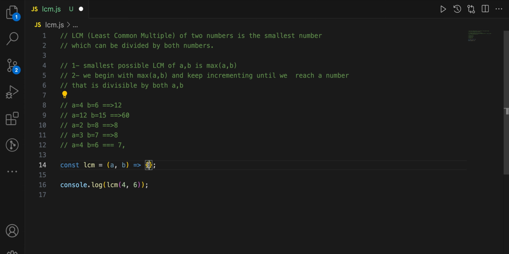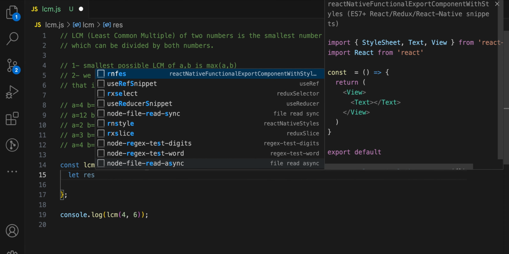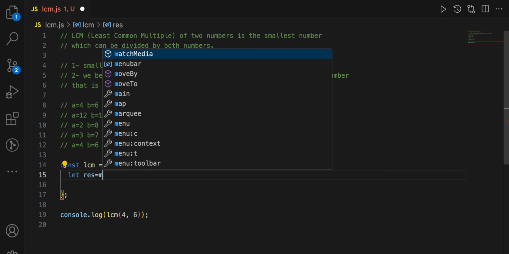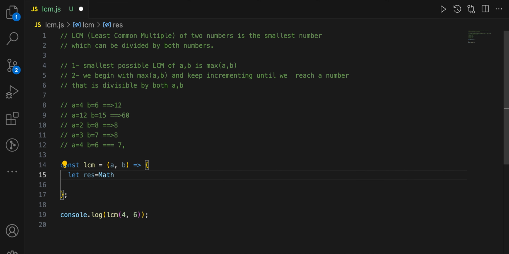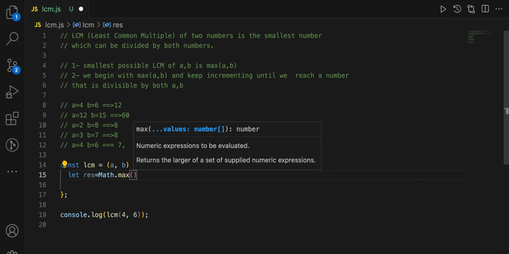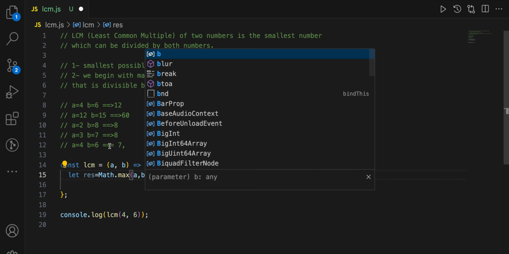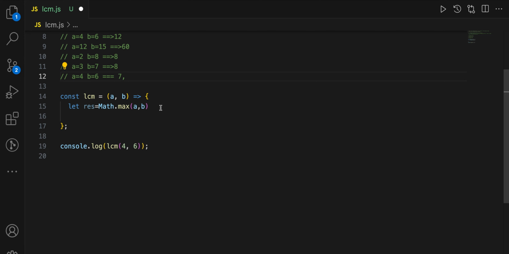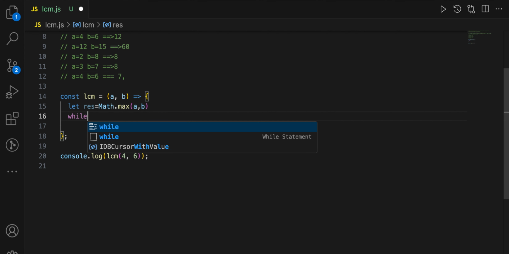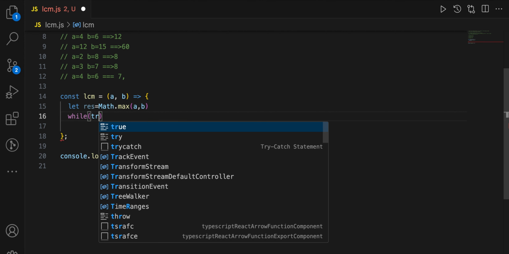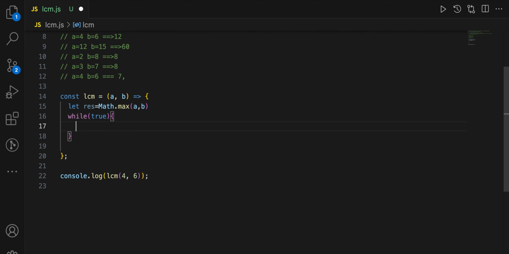Now we are going to write a function for this. Let the result, or response, be the max of A comma B, the maximum of A and B. Now we write an infinite while loop.